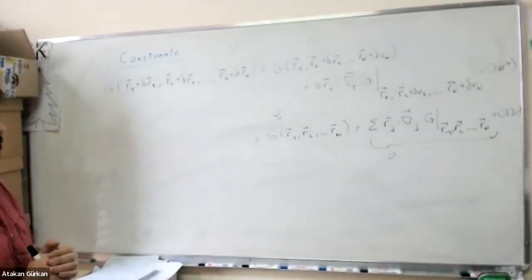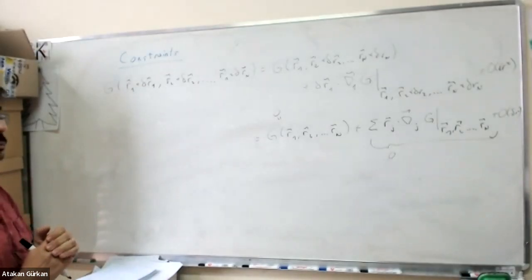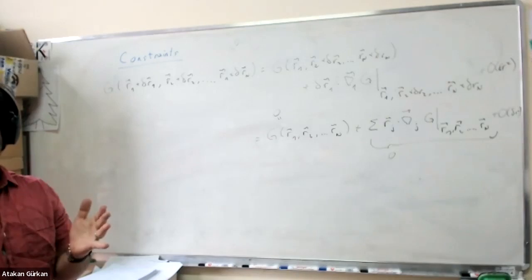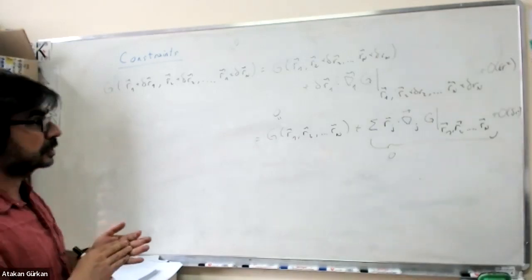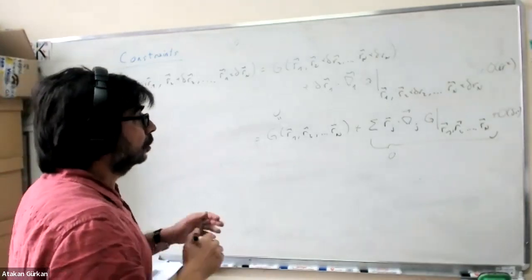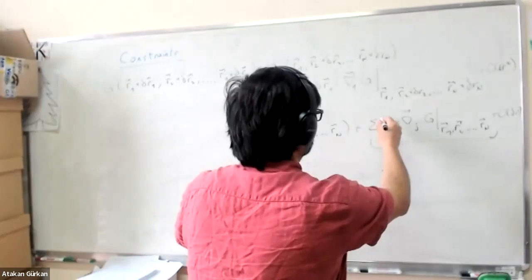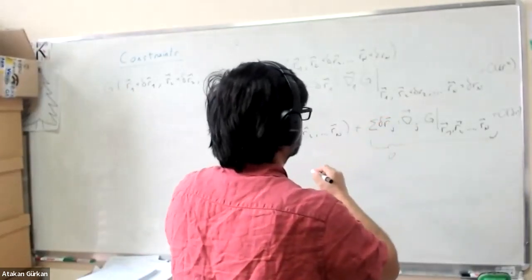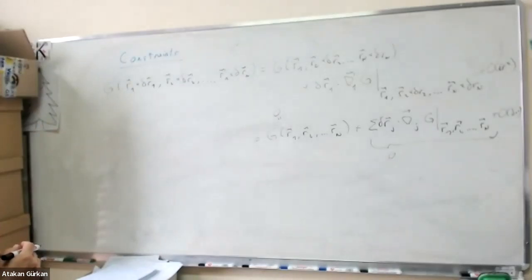Now I take this and I add this to equation 2, which was saying that the constraint forces do no work. Oh, sorry, this is delta. Are there other typos?